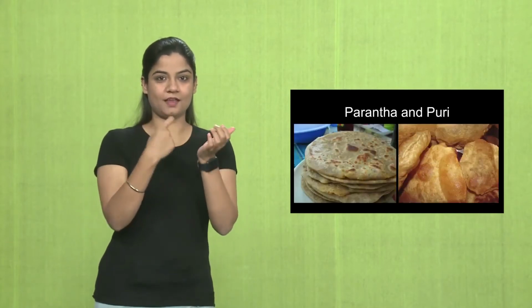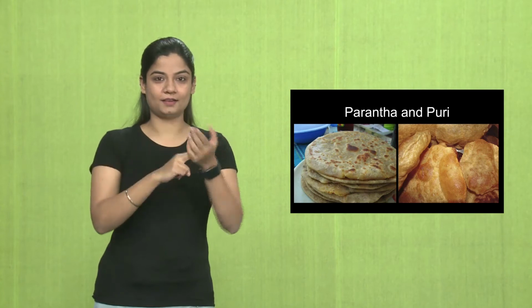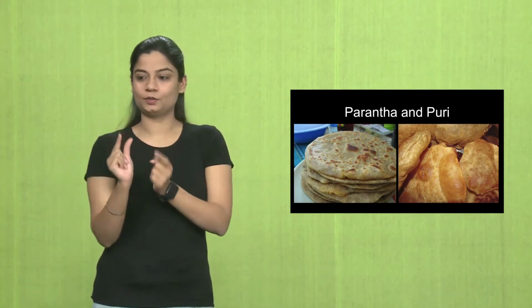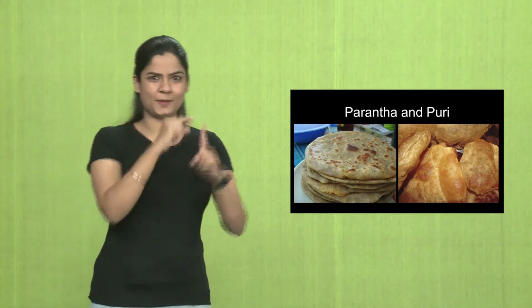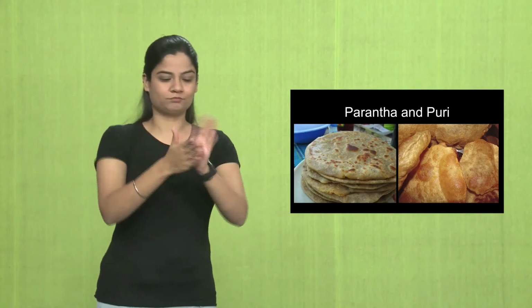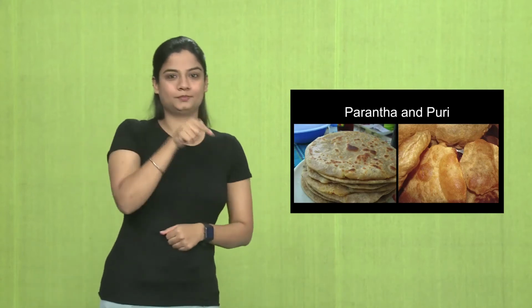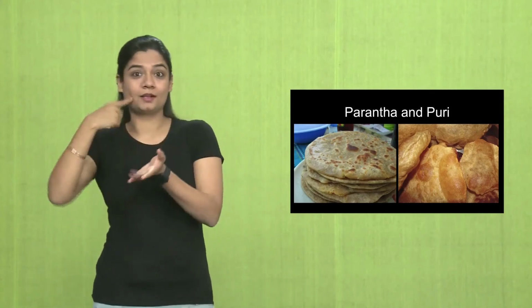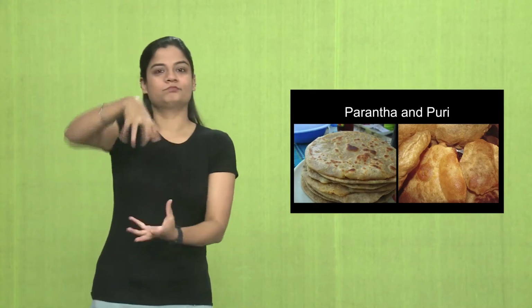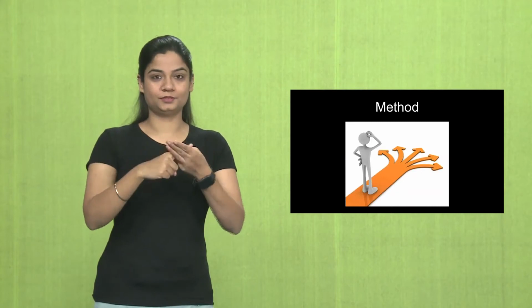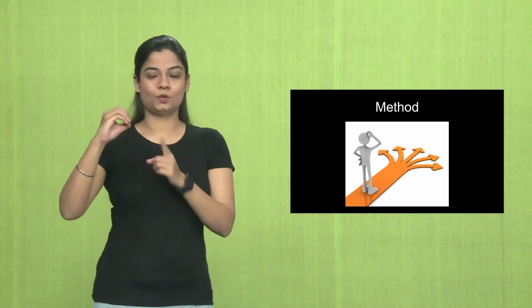Paratha and puri. Paratha is an Indian dish which is stuffed with different vegetables made out of wheat. Puri is made out of maida. Method, a particular procedure for accomplishing something.